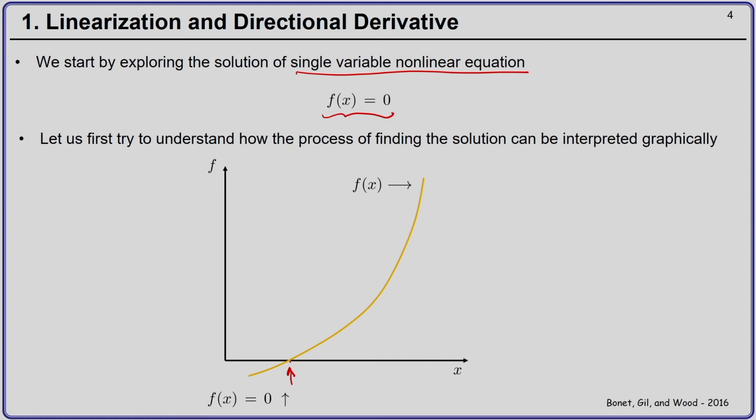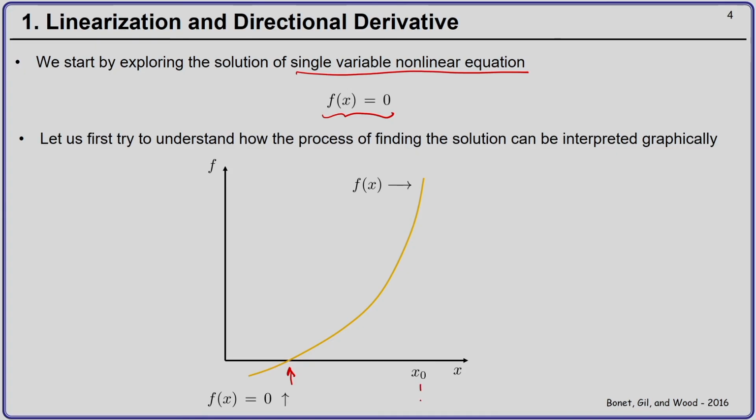So, now to solve this equation, the first thing that one should have is an initial guess. Initial guess means you do not have an idea about the solution, but you have some idea in which range the solution will lie.